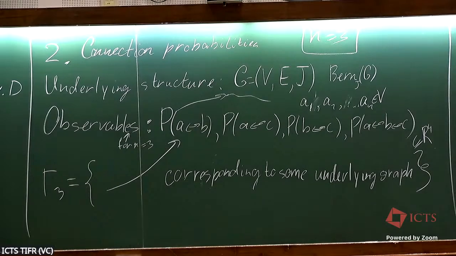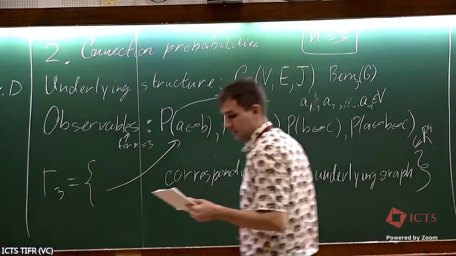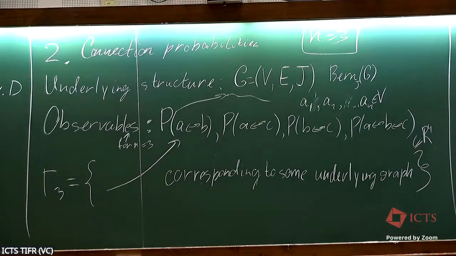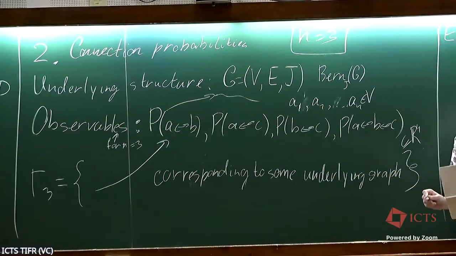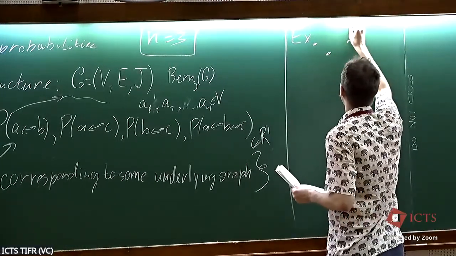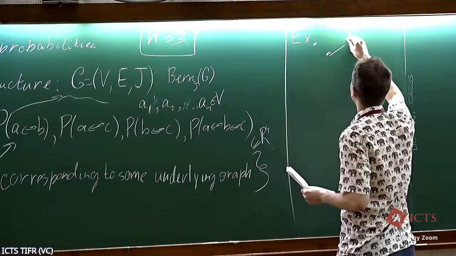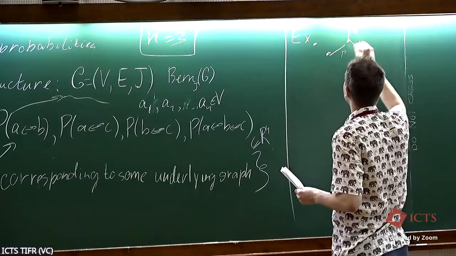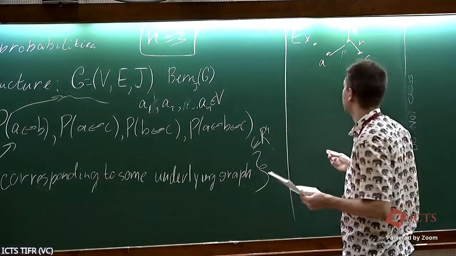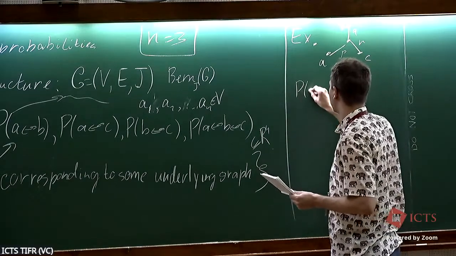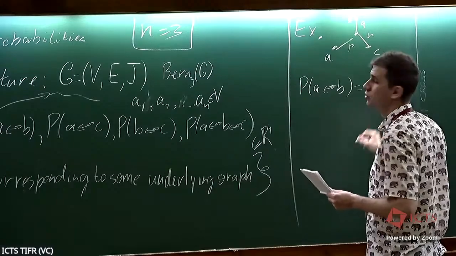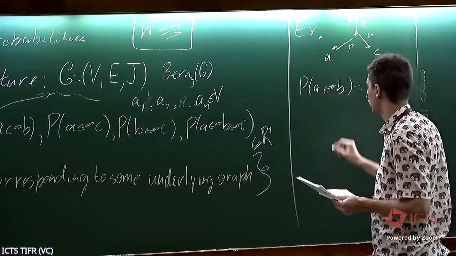Okay, I have this much board. Should I try to use it? Yeah, let me try to use it. So let's try to build an example. Suppose my graph is a star, with edge probabilities p, q, r, and vertices A, B, C. Then the probability that A is connected to B would be pq, because we need both these edges open, and so on.